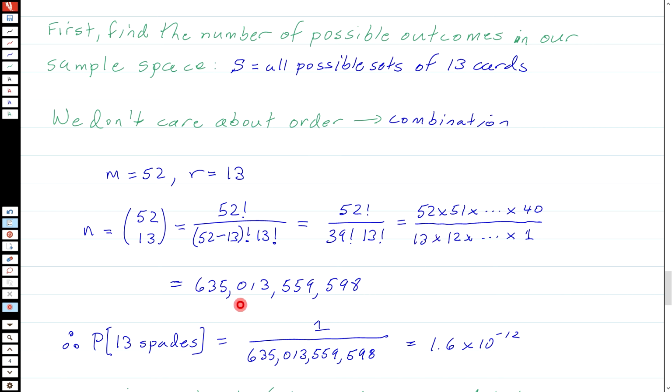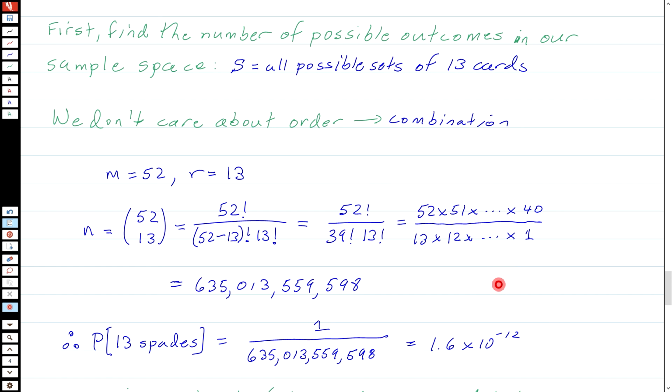What's this? 635 billion. So there's 635 billion possible combinations of 13 cards out of a deck of 52 cards. And that means the probability of getting any one set of 13 cards in any order is going to be 1 over the number. So 1 over 635 billion, which is about 1.6 times 10 to the minus 12.